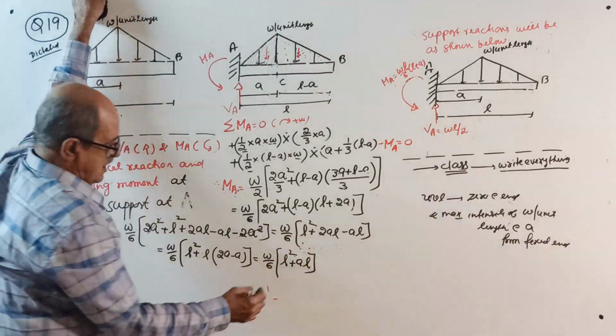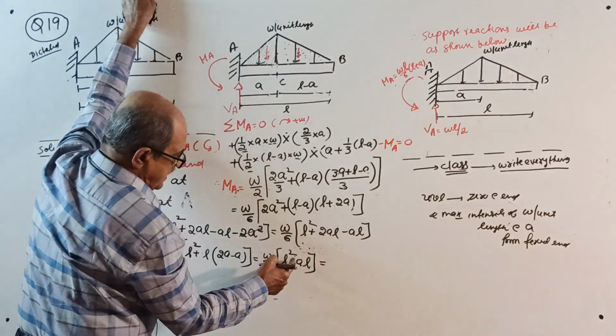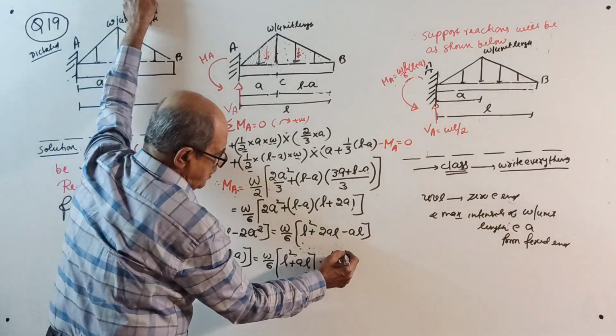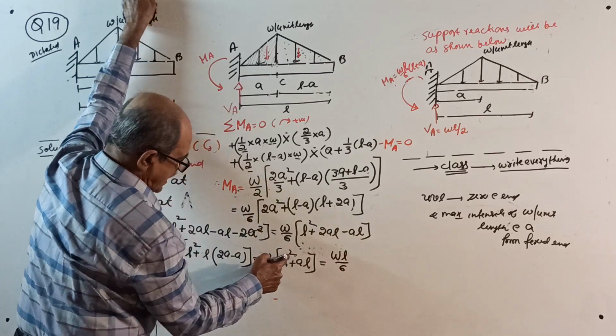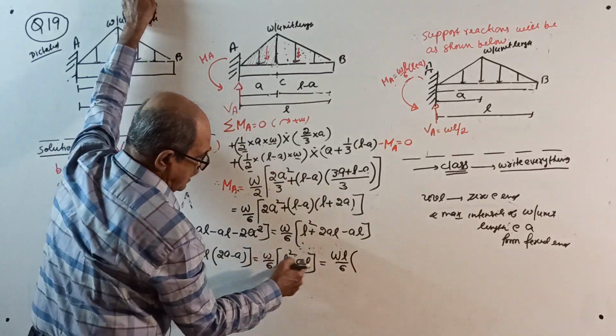L square plus aL, or equal to, you can take L outside, WL by 6 into L plus a.